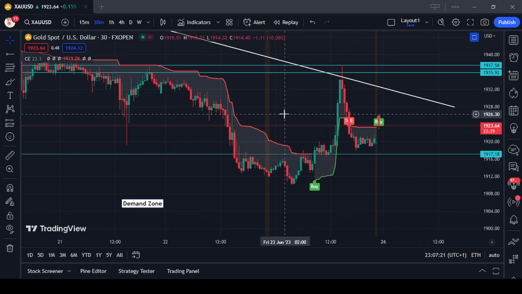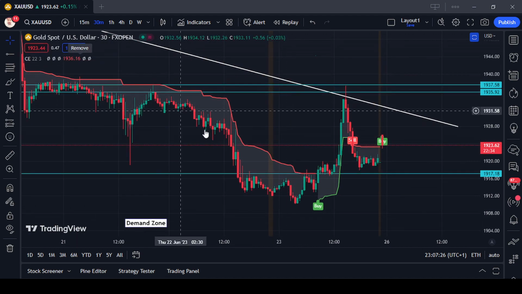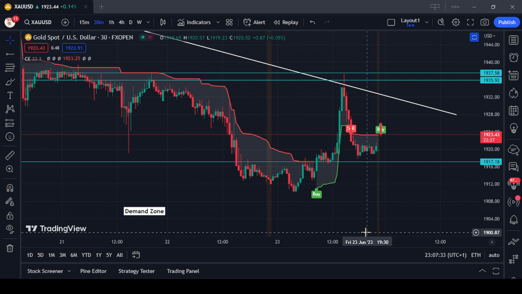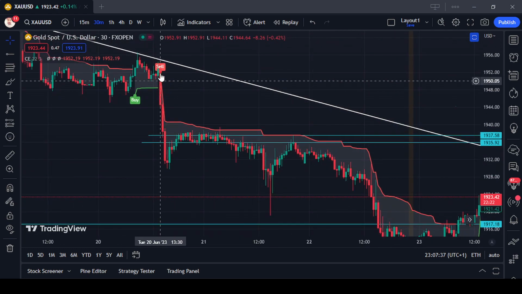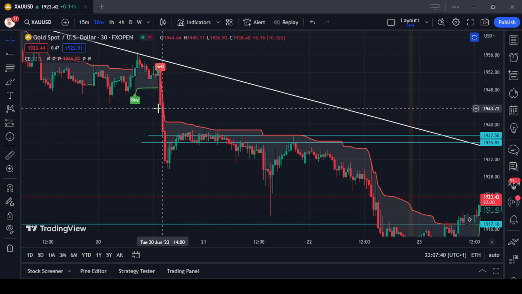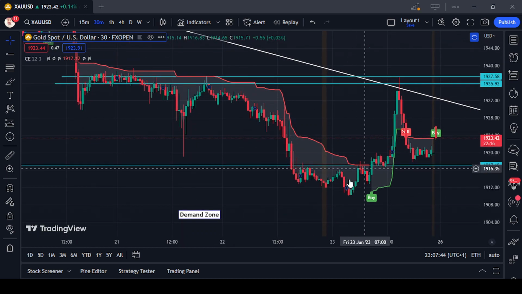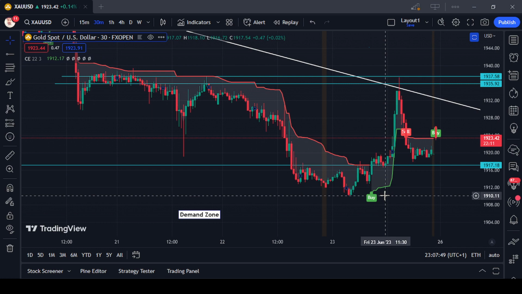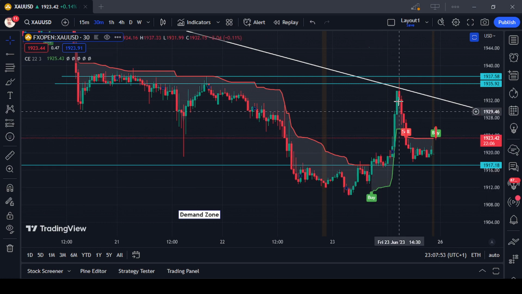It gives me a perfect trading strategy and perfect buy and sell positions. This indicator gave me the sell position here, and from here you can see that it dropped a lot, and this upper red line becomes the resistance. And here, this signal gave the buy position and it profited a lot.